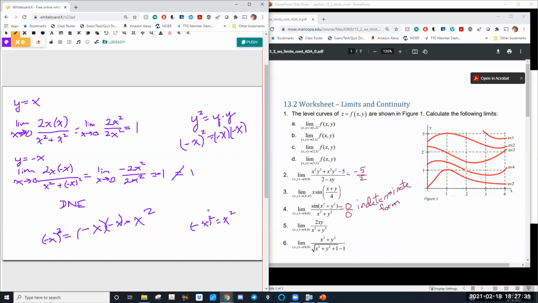All right. Yes, exactly, Ryan. If the limits contradict each other from different paths, it's automatically DNE, and it's any two paths. They have to be the same from all paths in order for the limit to exist.